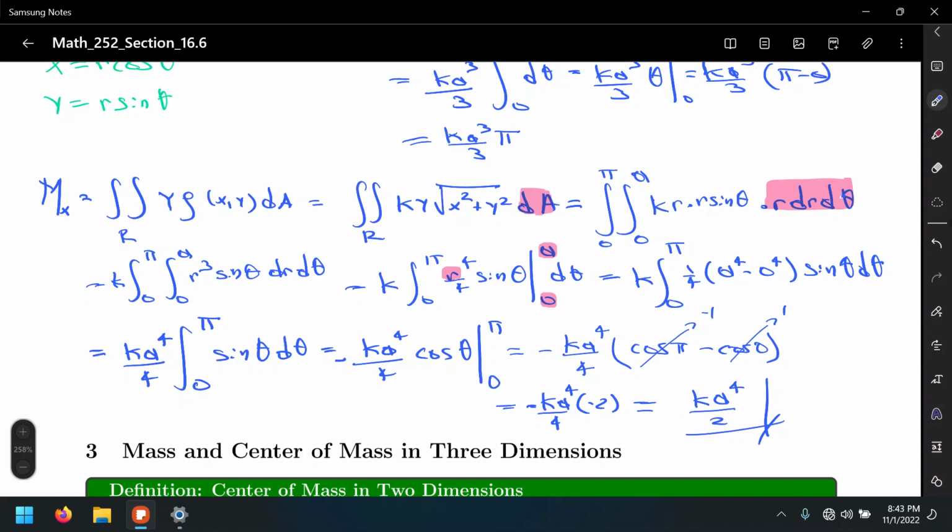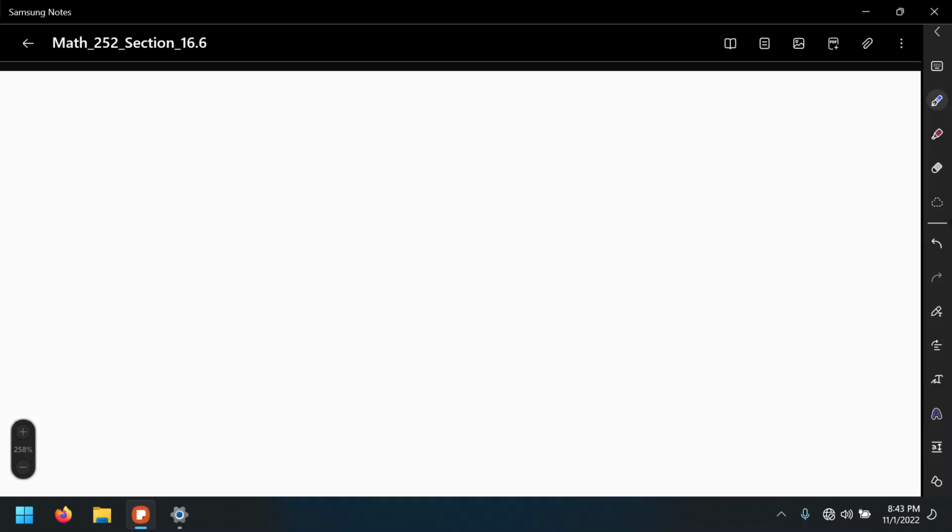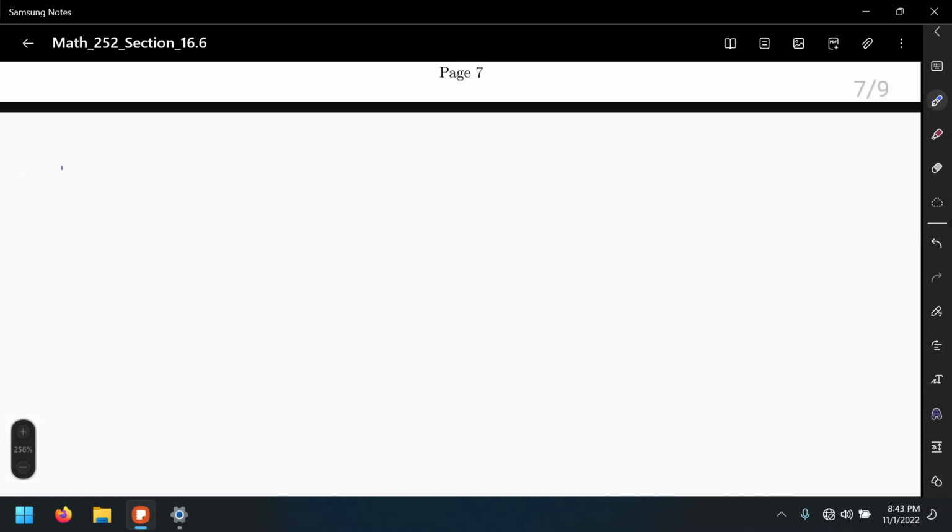Let's find the moment about y. I ran out of space on my screen, but you can do it on the back side of the page. So I'm going to add one more page. The moment about y will be the double integral of rho of x y dA, but what am I missing in this space?